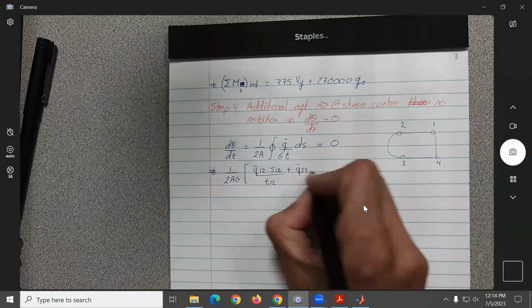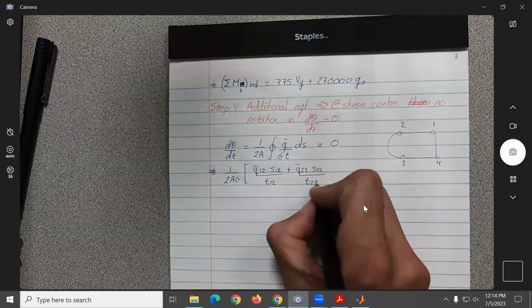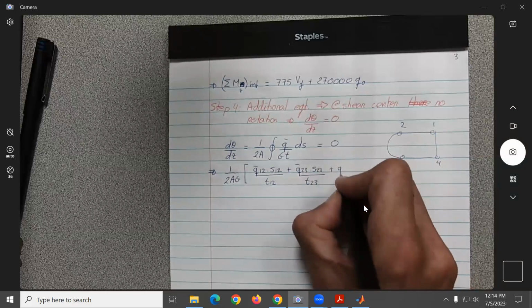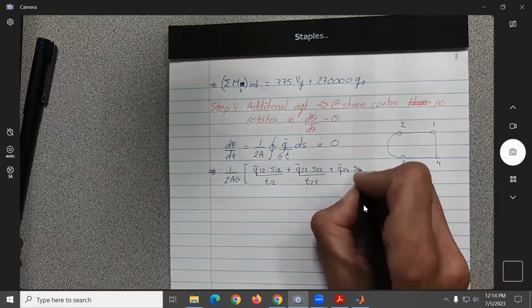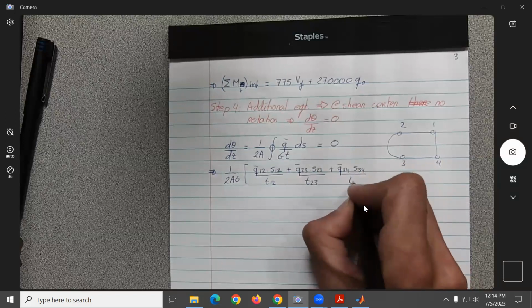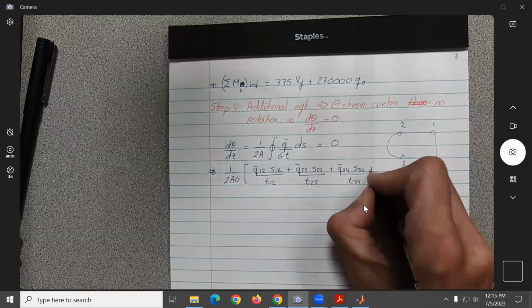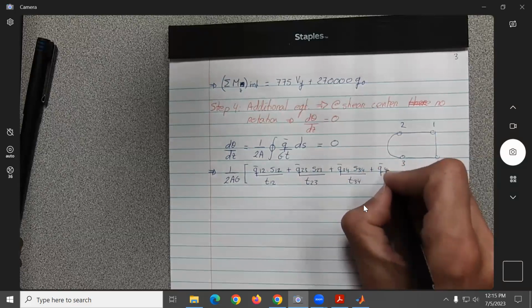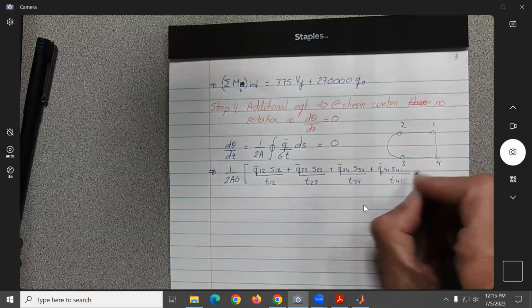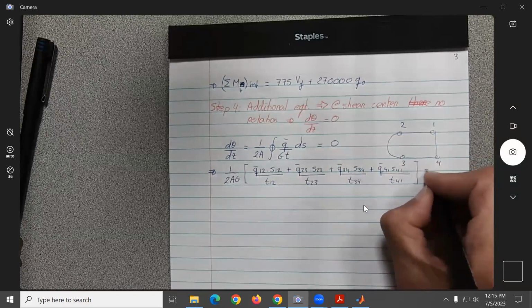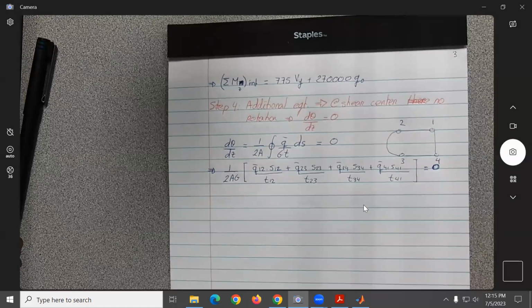So Q bar 2,3 S2,3 divided by t2,3, plus Q bar 3,4 S3,4 divided by t3,4, plus Q bar 4,1 S4,1 divided by t4,1. And this must be equal to 0.